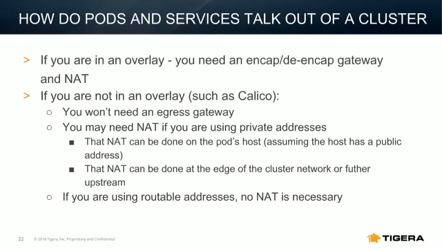You can do that NAT in a very scalable way using the pod's host address. So basically you NAT anything exiting your cluster, anything going to an external address, at the host. Now that assumes the host's IP address is understandable by the destination.